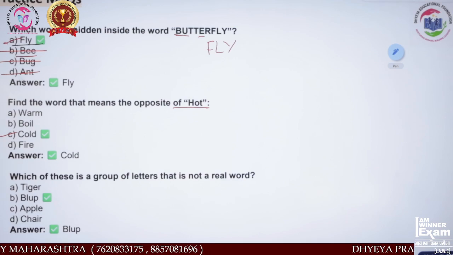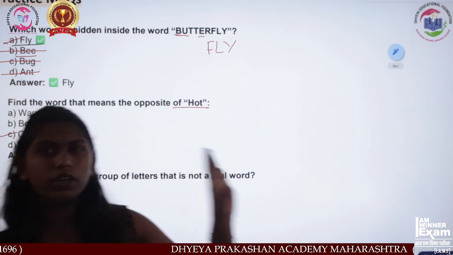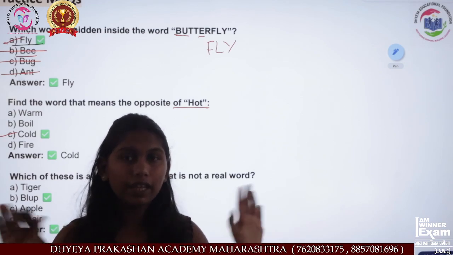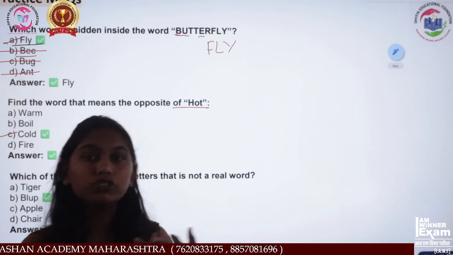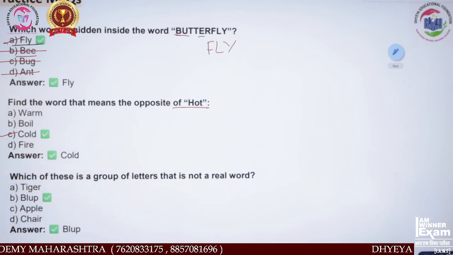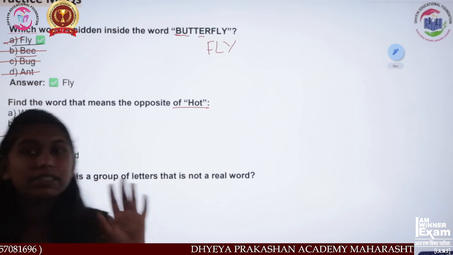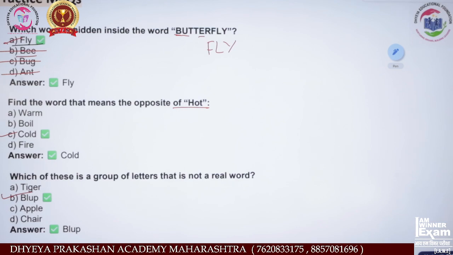Bulb is a word that has no meaning, it's just a word, but tiger, apple and chair mean something. Tiger is an animal, apple is a fruit, and chair is a thing. So the correct option is B, bulb.